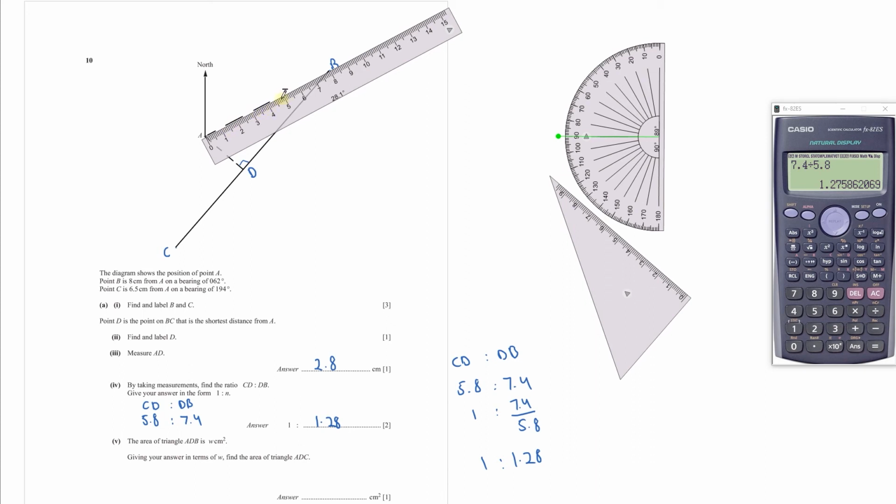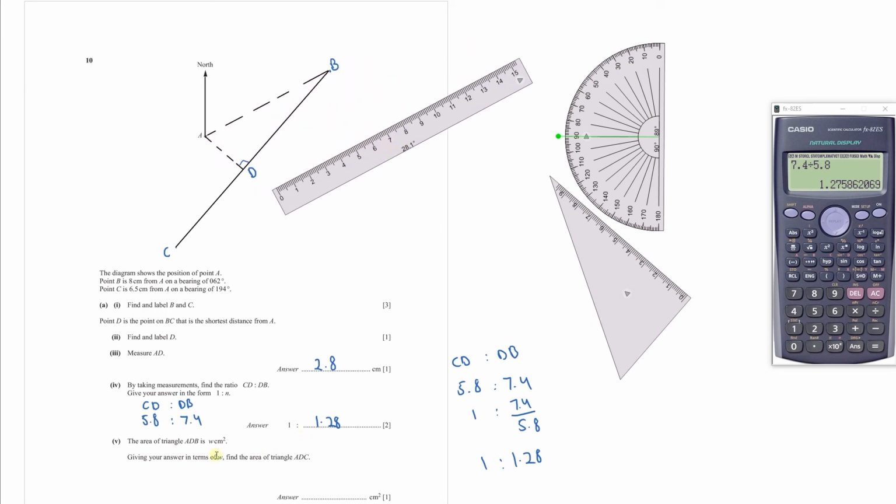So this is your triangle ADB, right? So the area of this triangle ADB is W centimeters squared. Giving your answer in terms of W, find the area of triangle ADC. So ADC is this triangle here.